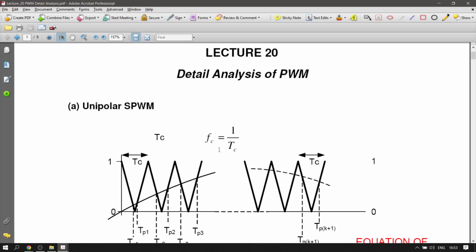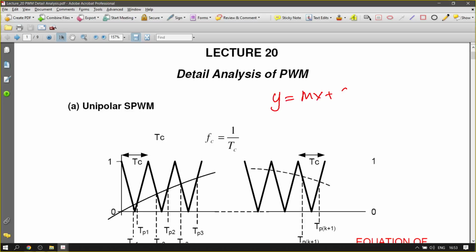Right, so actually it requires a fundamental in y equals to the straight line equation. Y equals to mx plus c, isn't it? So if you have a straight line, okay, we know what is c.